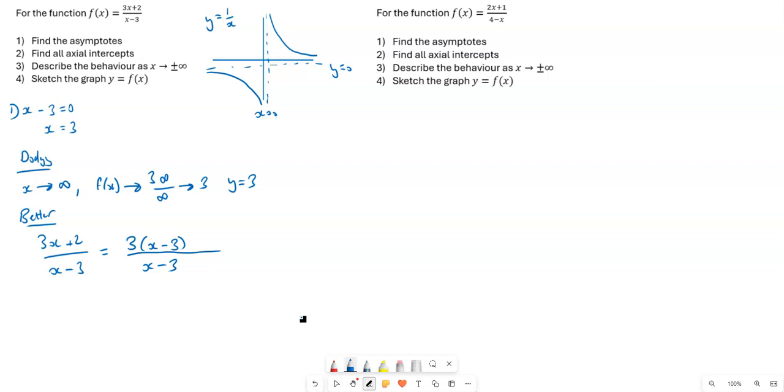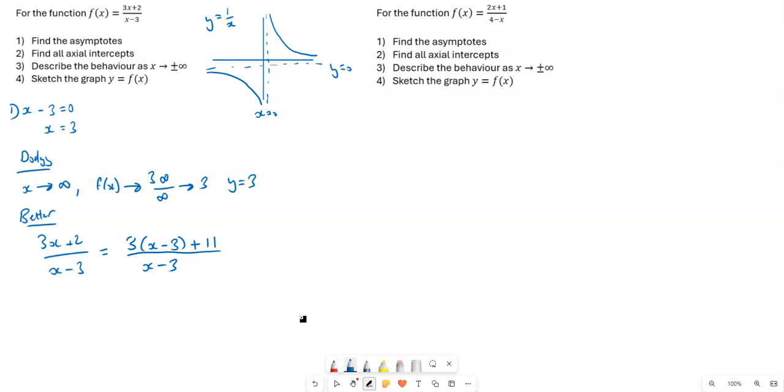Now, at the moment, if I expand that bracket, I get 3x, which is what I wanted. I've got the 3x on the right, which gives me the 3x on the left. But the problem is that when I expand it, I also get minus 9. When I do 3 times minus 3, I get minus 9. And I don't want minus 9, I want plus 2. So to fix that, I need to add 11.